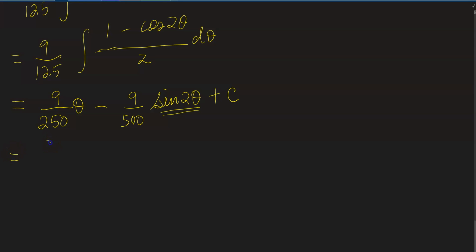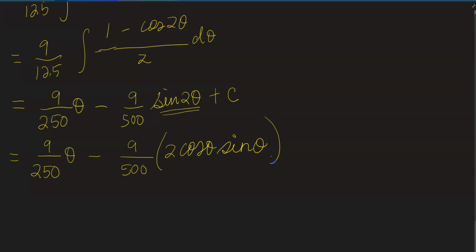So that is 9 over 250 theta minus 9 over 500 sine of 2 theta, and the double angle identity gives 2 cosine theta sine theta, plus c. The 2 simplifies with that, and we are back to 250, right?